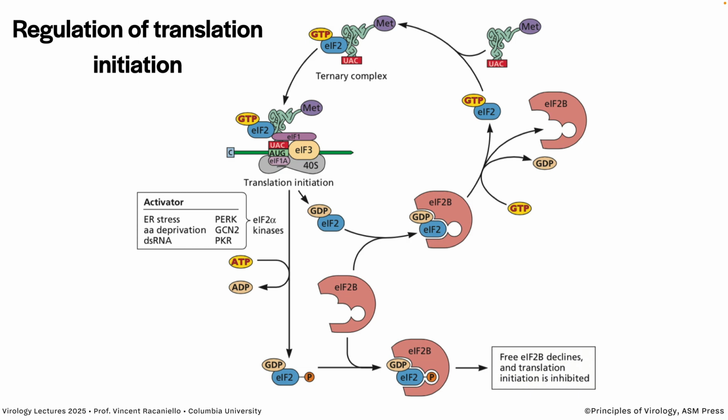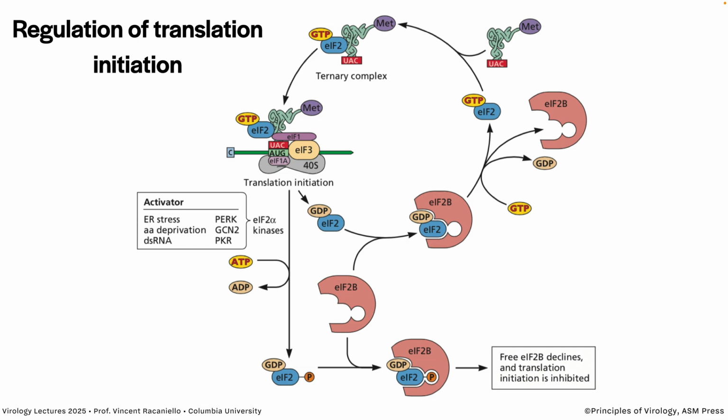These proteins, in response to various conditions in the cell, will phosphorylate EIF2, as shown here. And now, when it binds EIF2B, it's stuck. It can't be exchanged for GTP. And so eventually, all of the EIF2B is sopped up and translation stops.